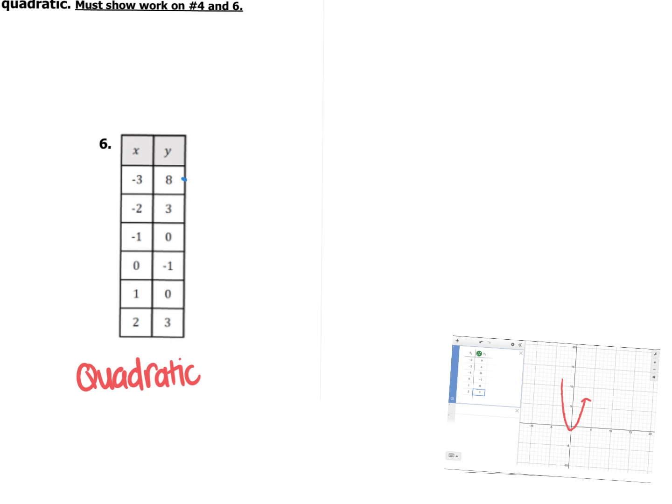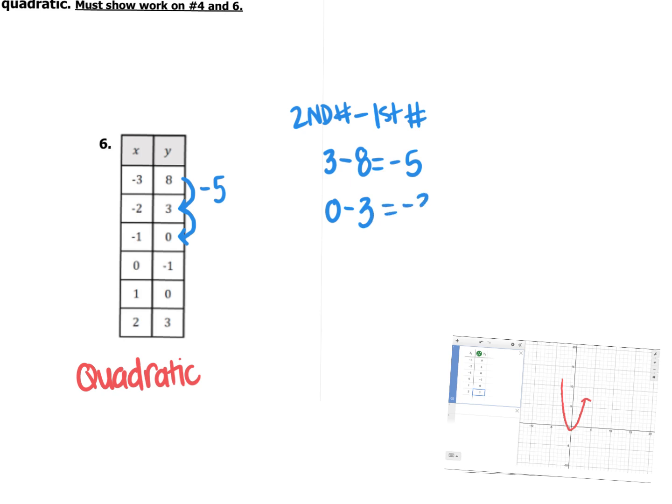So how do I get from 8 to 3? Well, to figure this out, I'm going to do 3 minus 8 because it's the second number minus the first number. Well, the second number minus the first number here is a negative 5. So I am subtracting 5. Well, to get from 3 to 0, I'll do 0 minus 3, and that means negative 3. Okay? Well, how do I get from 0 to negative 1?